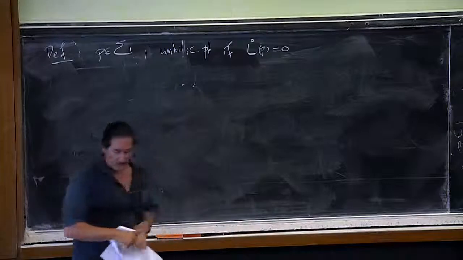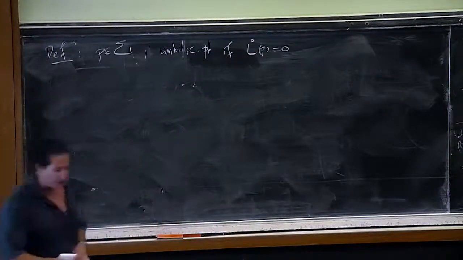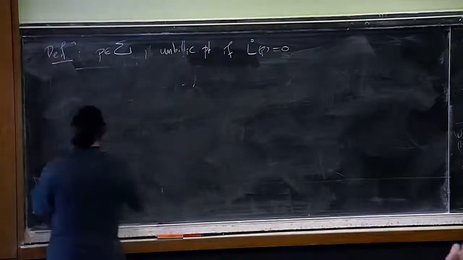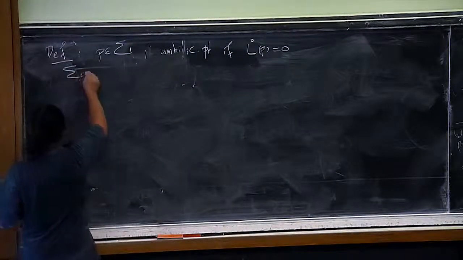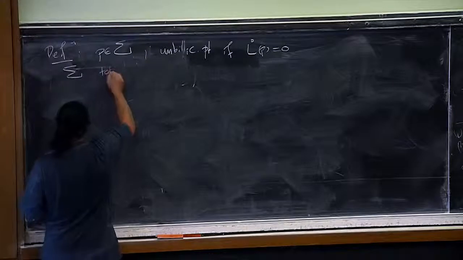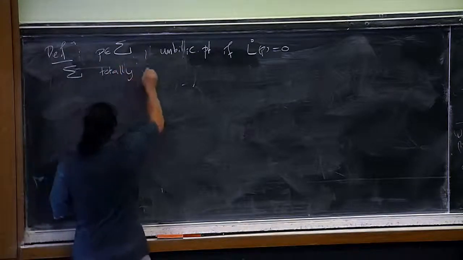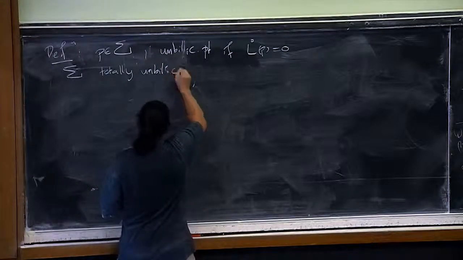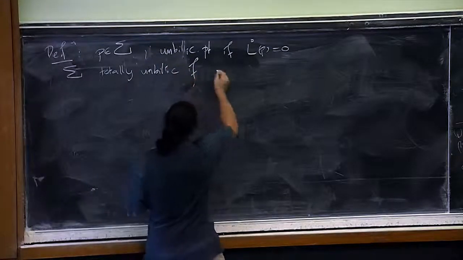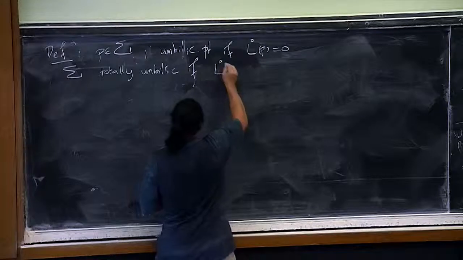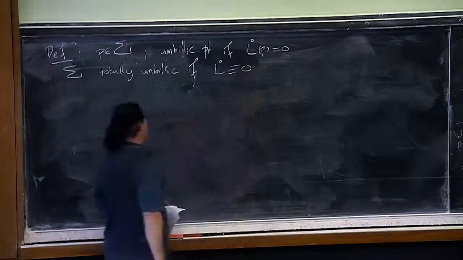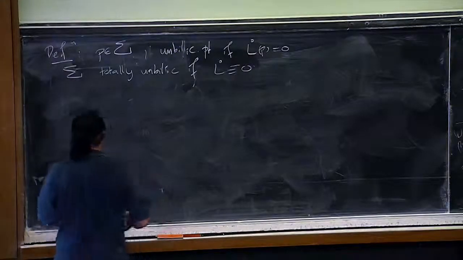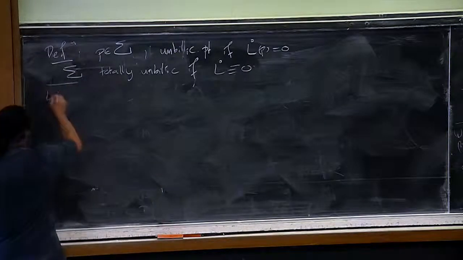So if this conformal part of the second fundamental form, this trace-free part, vanishes at the point, it's called an umbilic point. And a hypersurface is said to be totally umbilic if this trace-free part of the second fundamental form vanishes at every point. Okay, so that's just some terminology.